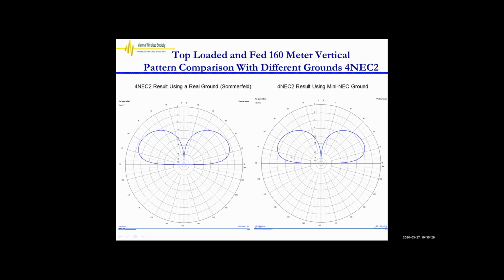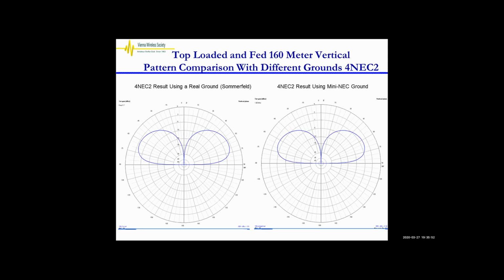With the mini NEC ground, my scale's a little bit different here. So you'll notice this is -1 here, and this is 2. So this is about 4. So my gain here is a little bit less than 0 dB. So I've got quite a difference in the actual levels.